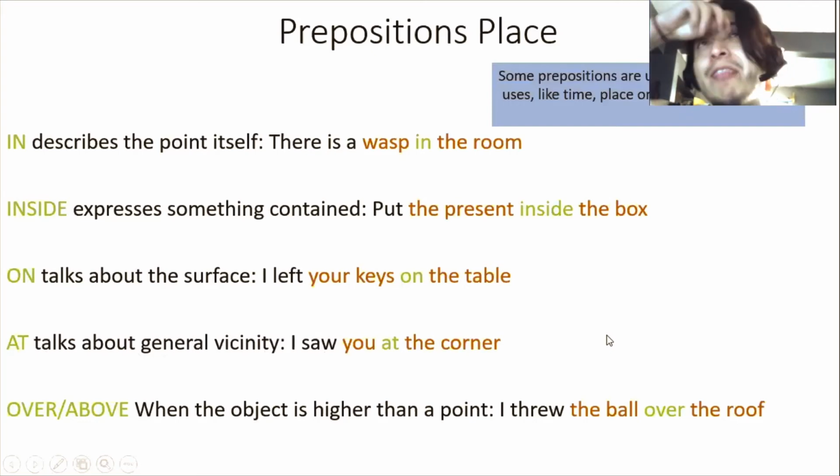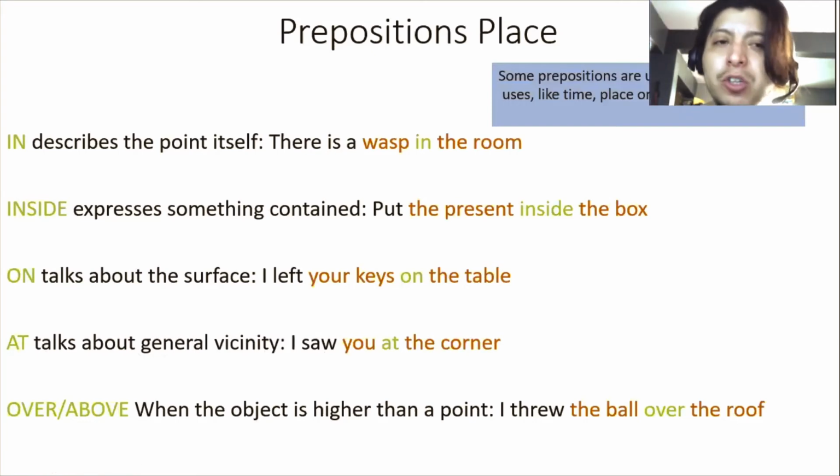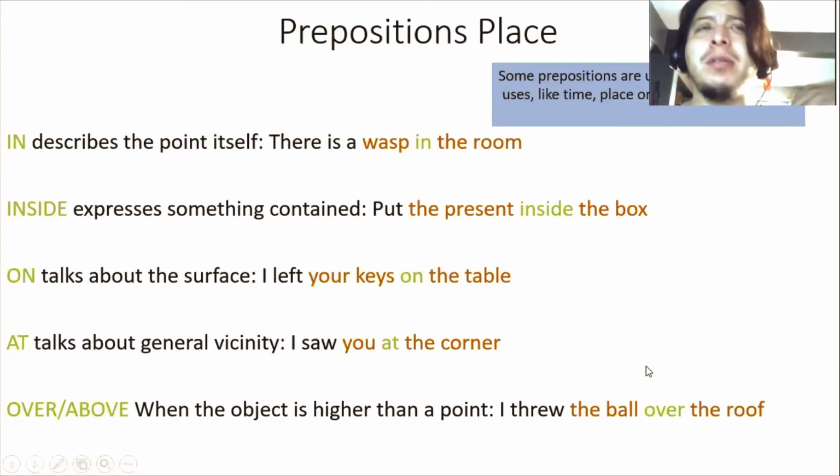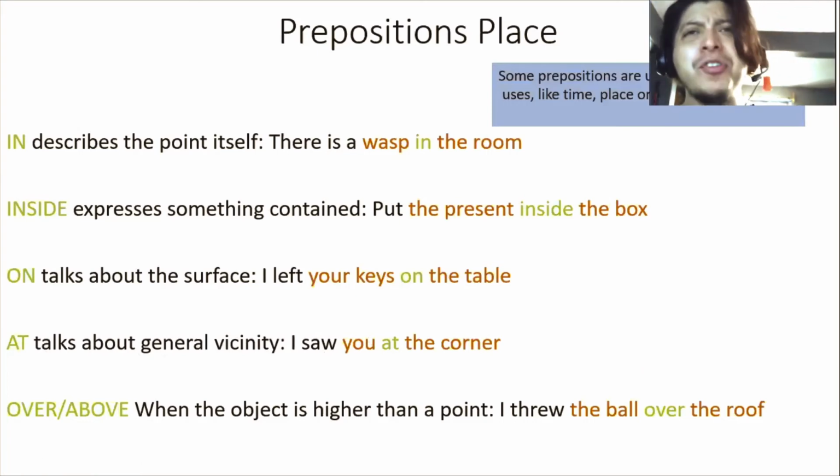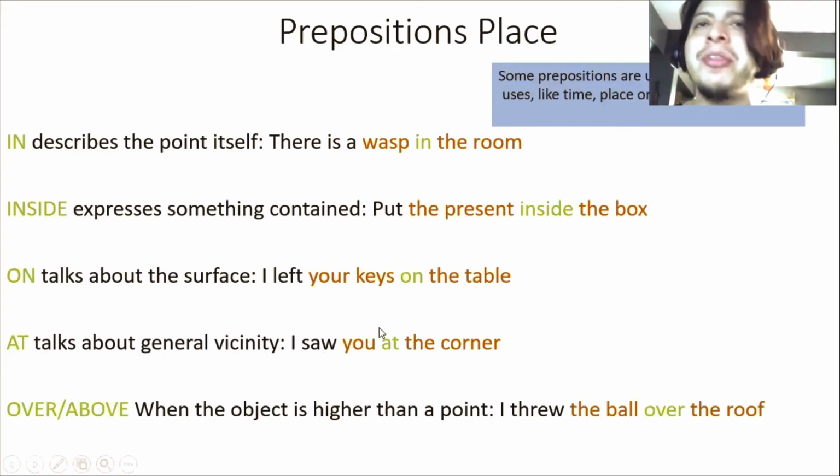I saw you at the mall. I am not telling you specifically in which part of the mall. I saw you at school. If I say at school, it could be any of the classrooms. It can be the cafeteria, it can be the patio, it can be whatever. I'm telling you at school, so that means it is not as specific.